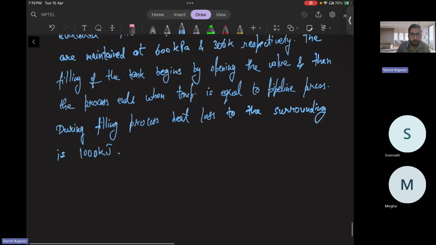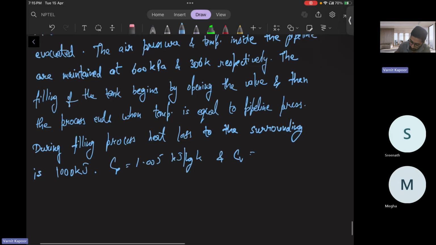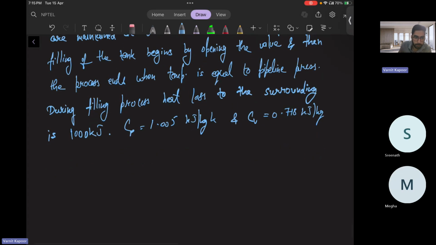The specific heats of air are Cp equal to 1.005 kilojoule per kg Kelvin and Cv is 0.718 for air. You can neglect the changes in kinetic and potential energy. You need to find the final temperature of the tank.